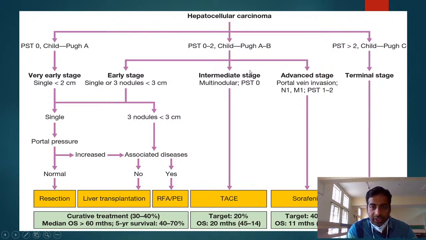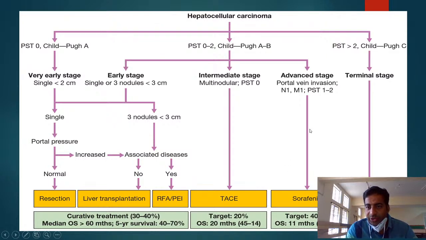Then coming to intermediate stage with multinodular disease, there are multiple nodules with Child-Pugh score A or B. So then you go for TACE. Okay. So this is trans-arterial chemoembolization. So you inject and embolize with the chemical. So the target will be 20%, and survival will be 20 months, 45 to 40 months.